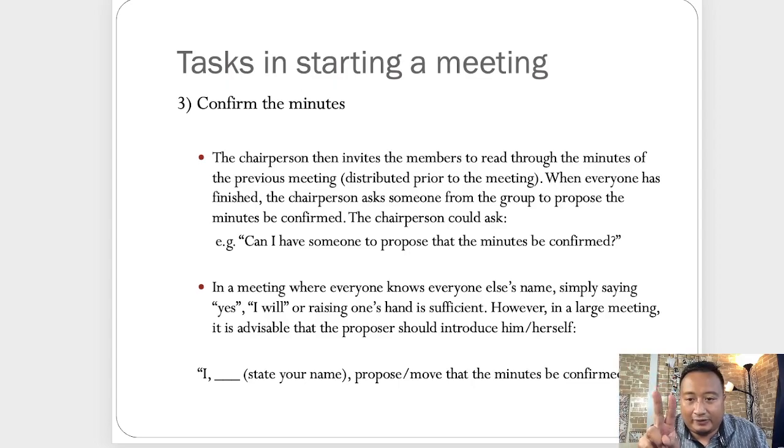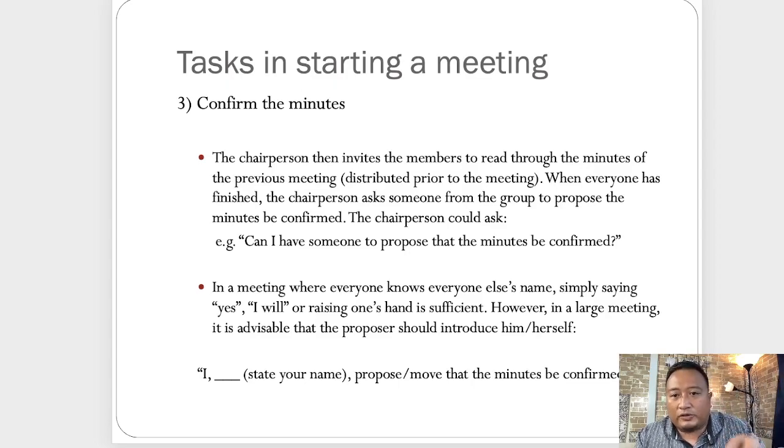And these two people could not be the ones who missed the previous meeting. Understand? These two people should have attended the previous meeting so that they can propose and second the motion. Kalau dua orang ni tak datang meeting yang sebelum tu, dia tak boleh propose untuk confirm minutes meeting yang sebelum tu. Faham? Kenapa? Sebab dia tak ada pun waktu tu.